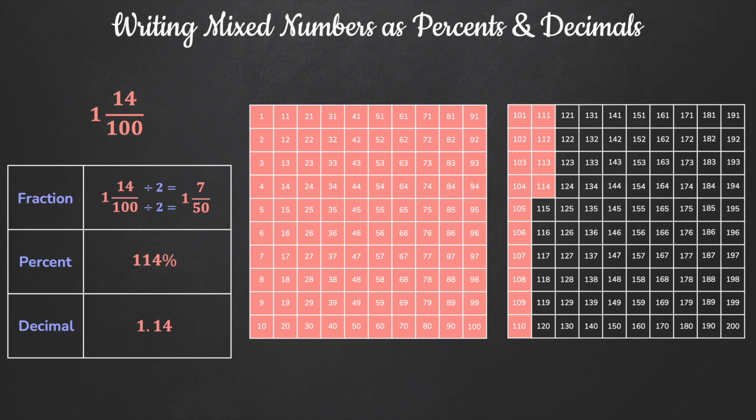And then we have 14 out of 100 filled out for our additional grid, and that's where we get 14 hundredths. We could kind of treat this as cents. So the 100 cents we have in the first grid makes one whole dollar, and then the 14 that we have shaded in our additional grid makes up like 14 cents. So we have 1 and 14 hundredths.